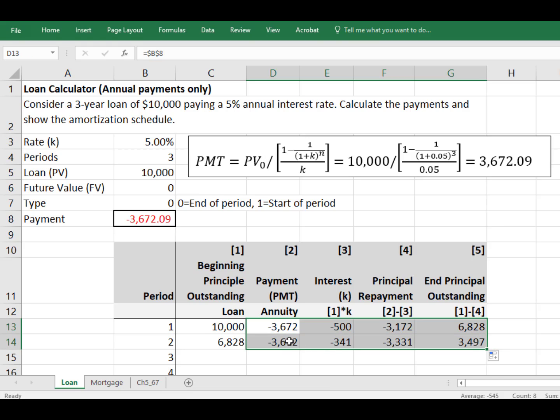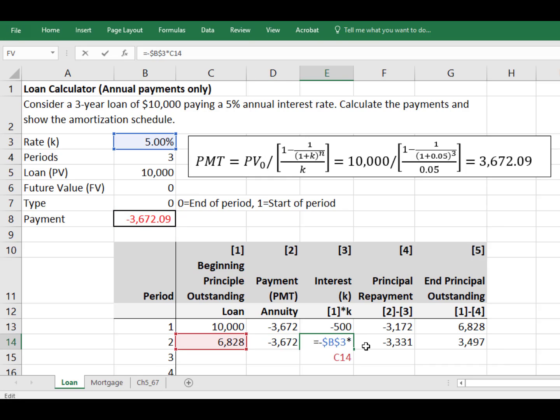As you can see, the payment, I'm going to double click on the payment to see, yes, it's referring to cell B8. You can see that as I click on this cell, it's always going to be the rate of interest in cell B3 multiplied by the beginning balance.